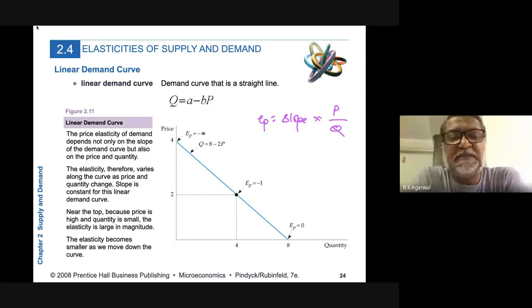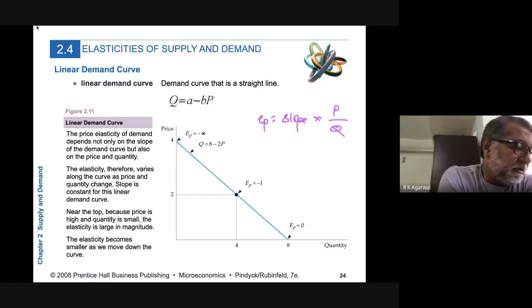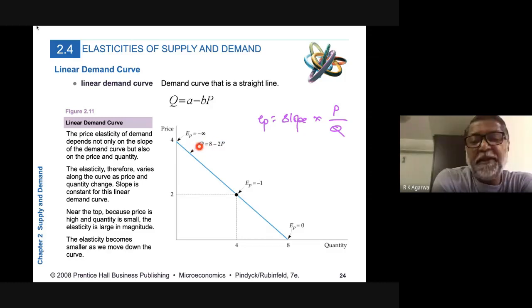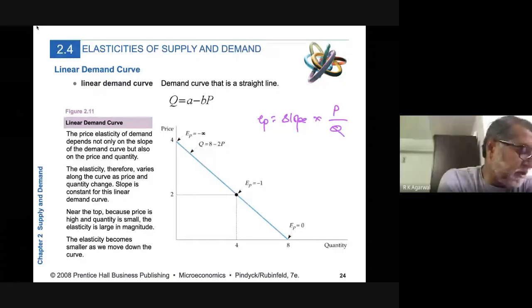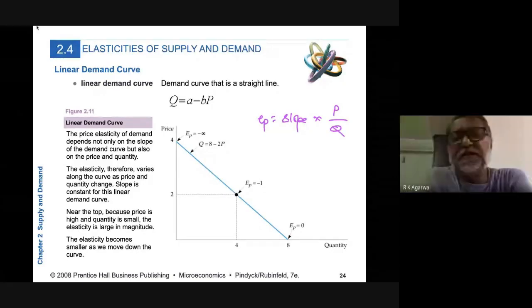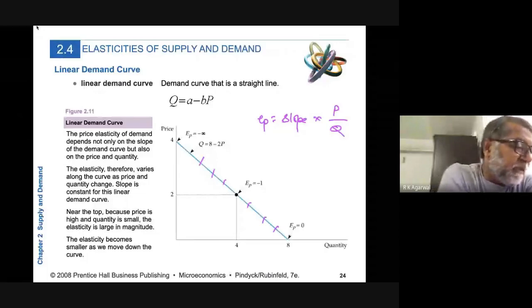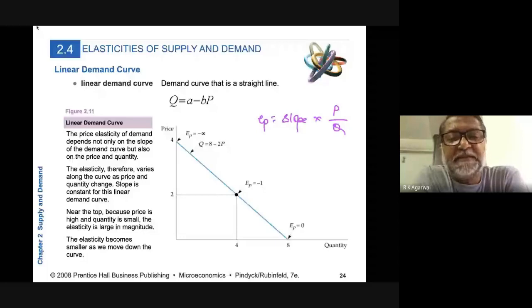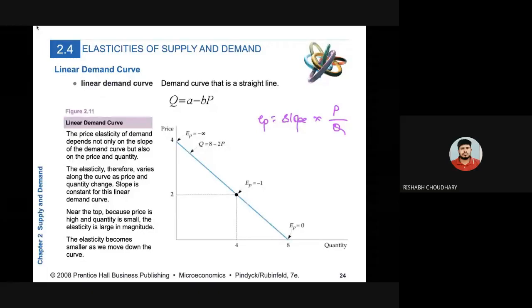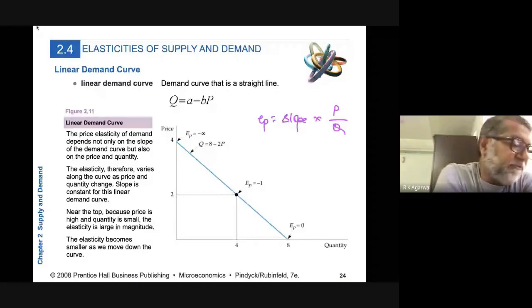There will be no difference in the slope at any point. So what will make the elasticities different at different points of this curve? It will differ because of the change in the ratio of P to Q.